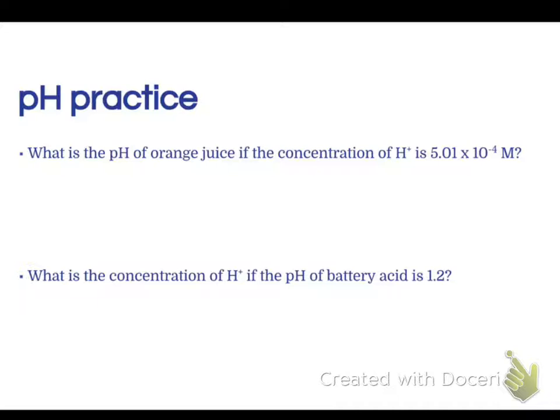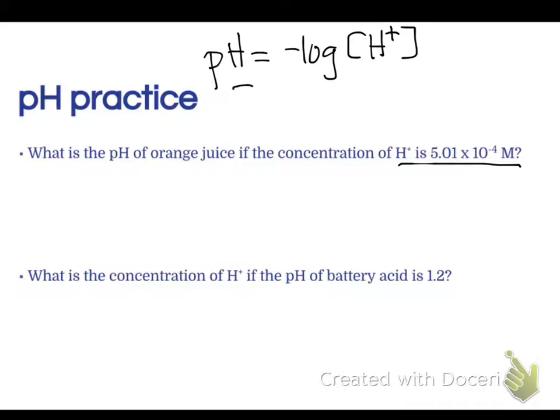Okay, so here's how we can test our calculator's abilities, really our ability to use the calculator. Orange juice has an H plus concentration of 5.01 times 10 to the negative 4 molar. Okay, so I know that my two equations are this and the opposite.